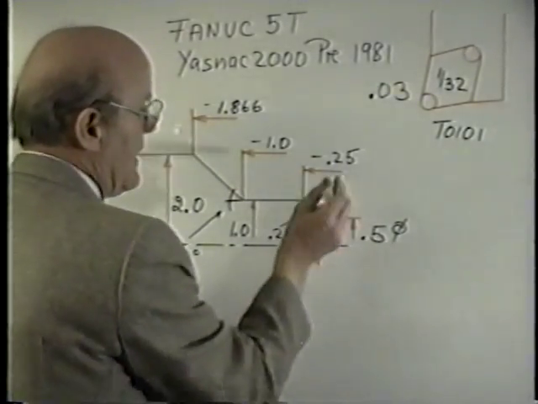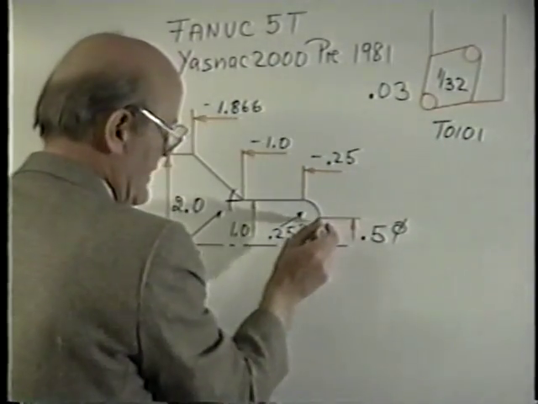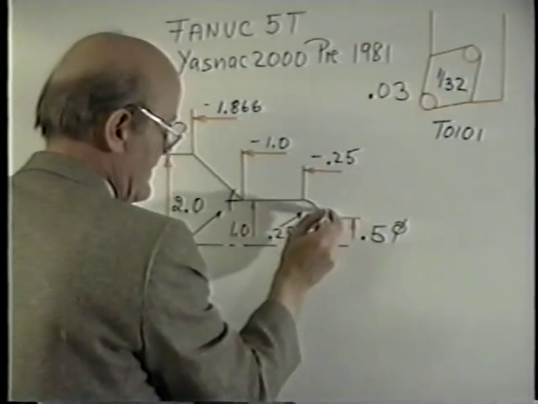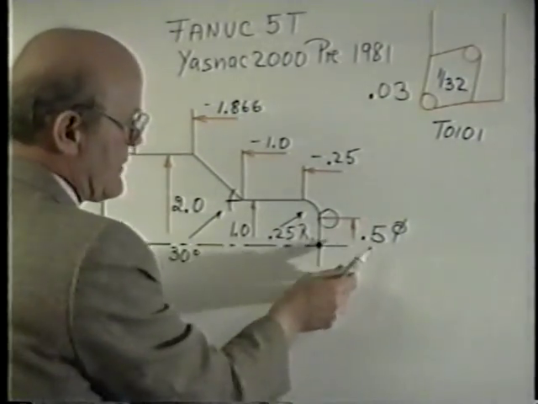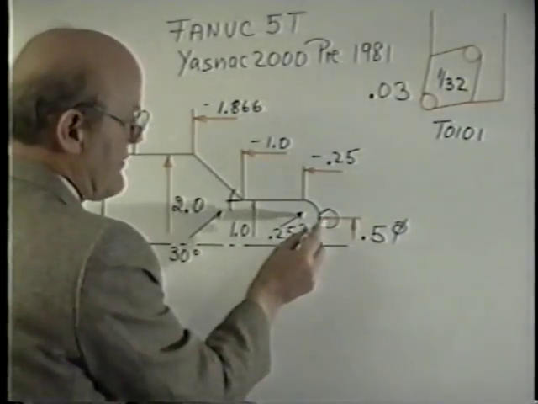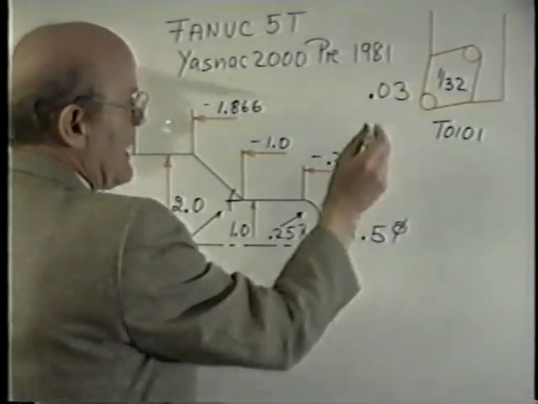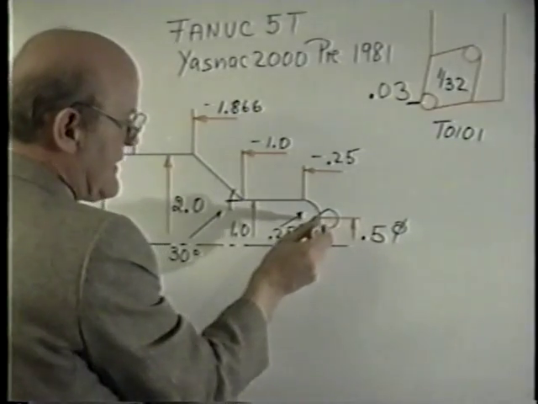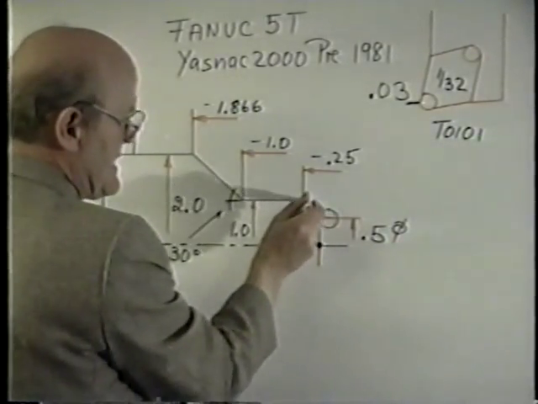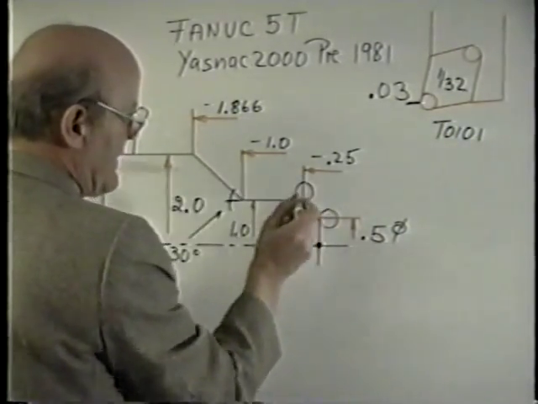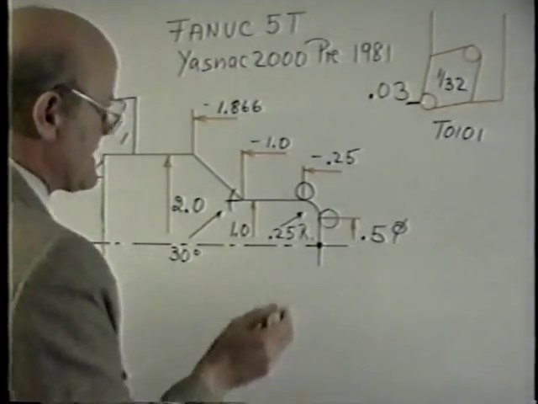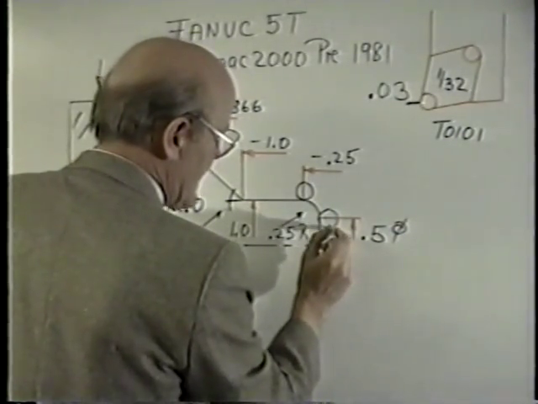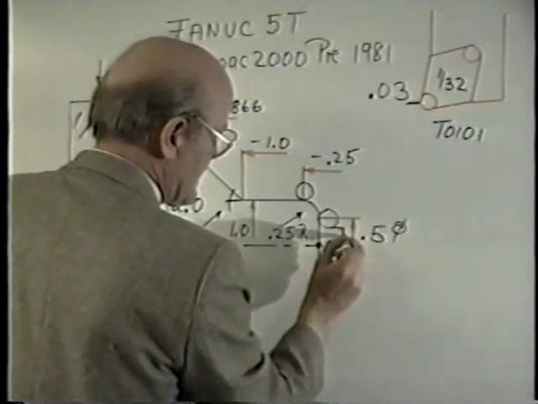Here's what we would do. We have to put that tool into this position. We cannot actually program this dimension. We'd have to figure out where that tool goes in order to get the center of this tool onto the tangent point where this radius starts. Same thing here. We have to figure out this dimension. So right here, we'd have to figure out an adjustment for this dimension.